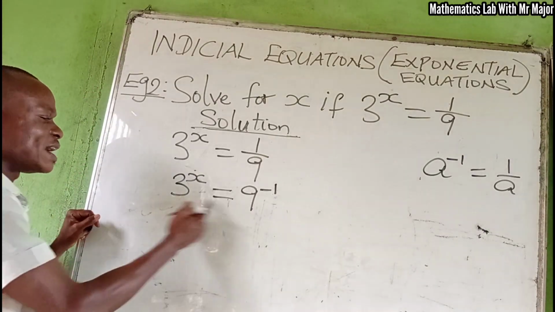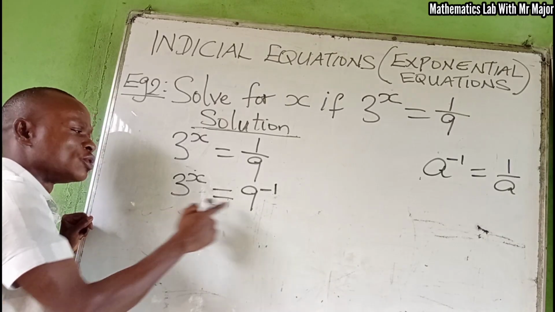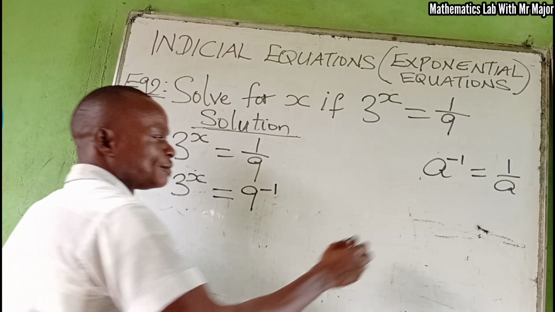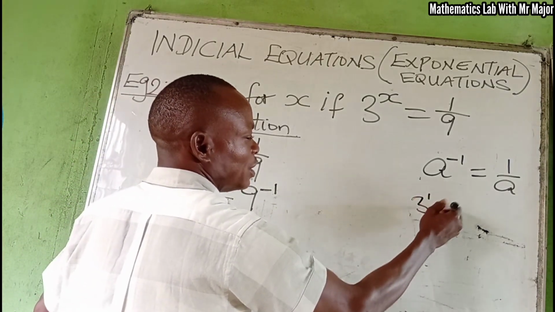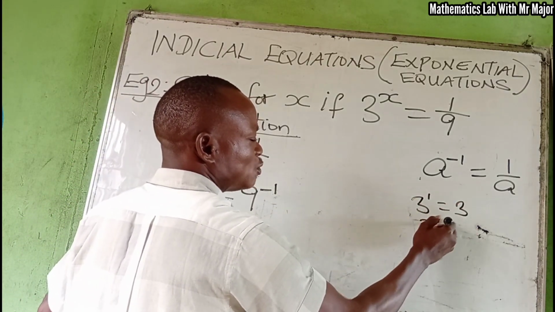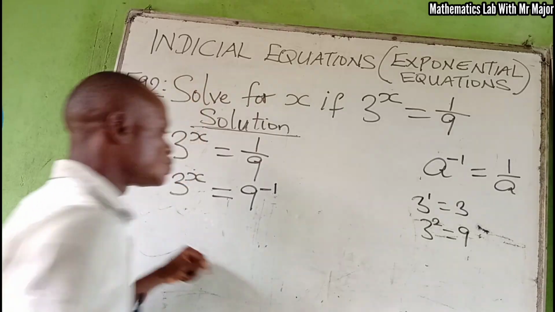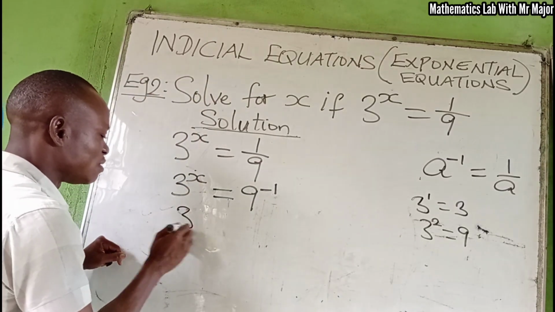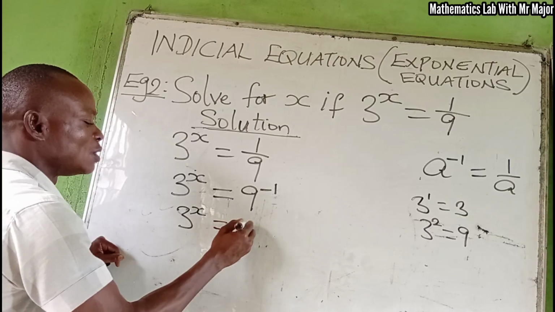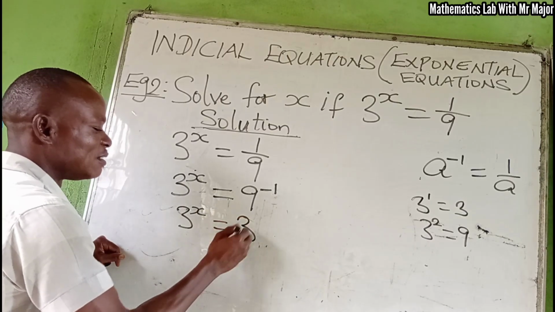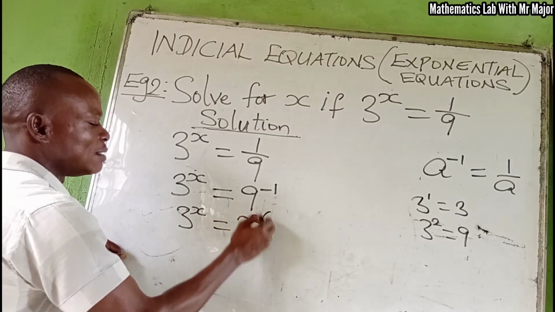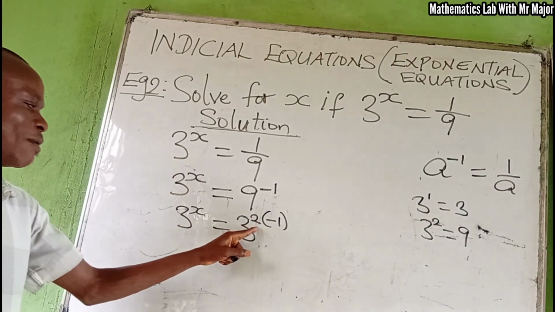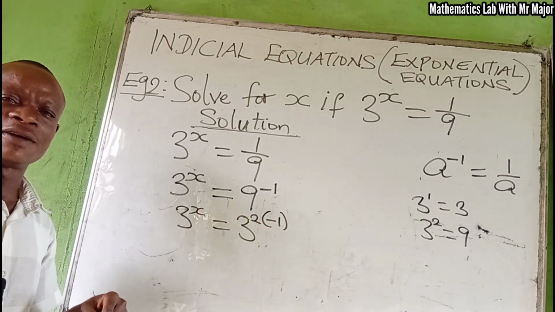The next thing, let's look at the bases again. This is 3. So we express 9 in terms of 3. Again, 3 raised to power 1 will give us 3. 3 raised to power 2 will give us 9. So 9 can be written as 3 raised to power 2. So we'll be having 3 raised to power x equal to 3 raised to power 2, then times minus 1, because the power here will multiply the power here.